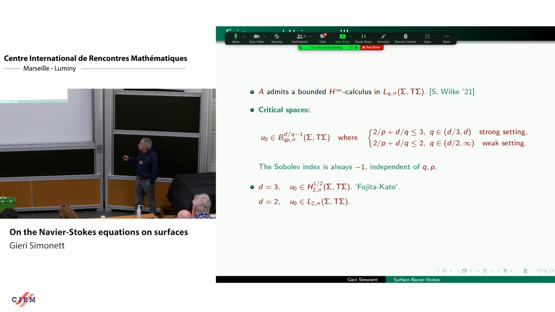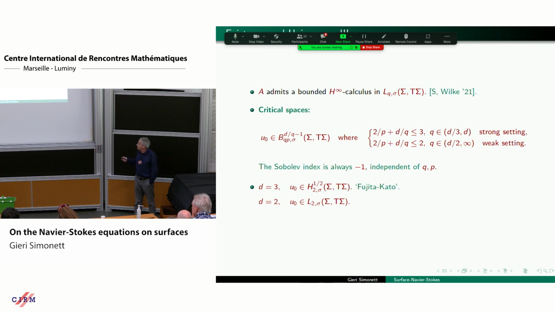So what I'm telling you without really stating a theorem here is that if you have a 2-dimensional surface, we have existence and uniqueness for initial data in L^2, and the solutions immediately become strong and regularize even more.